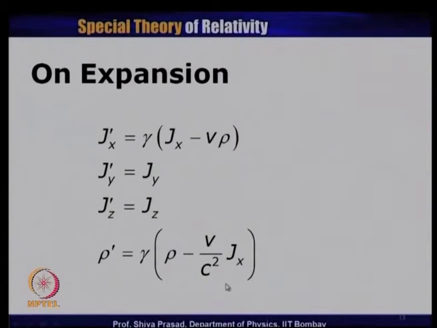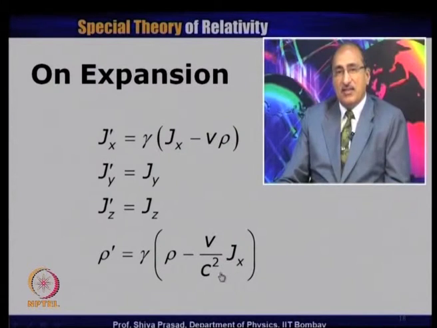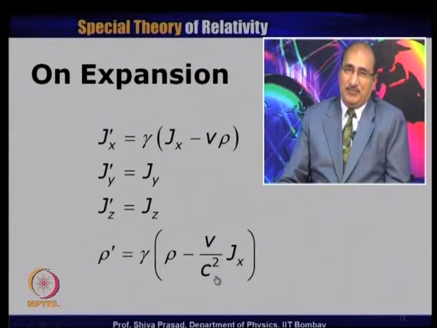This is somewhat like x, y, z, t transformation, because x prime turned out to be gamma times (x minus Vt). So, it is a similar type of equation. J_x prime is gamma times (J_x minus V rho), and rho prime is gamma times (rho minus V upon c square J_x).